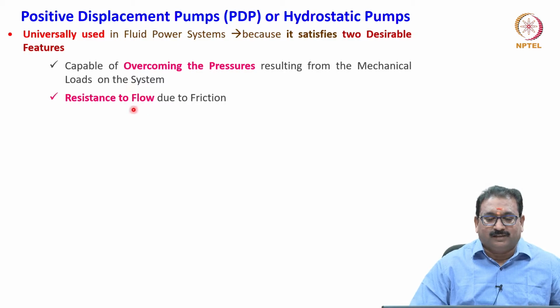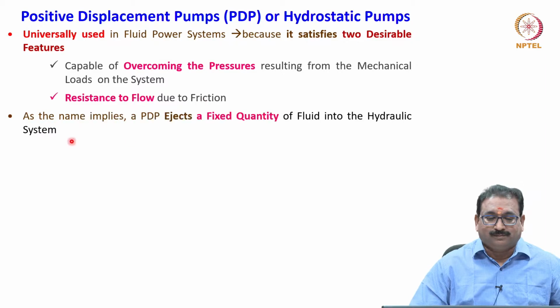Second one is resistance to flow due to friction. As the name implies, a positive displacement pump ejects a fixed quantity of fluid into the hydraulic system.